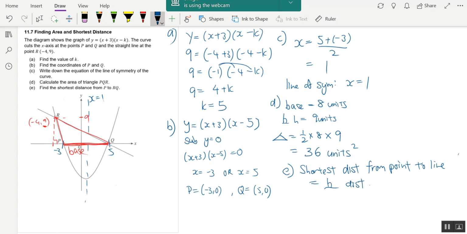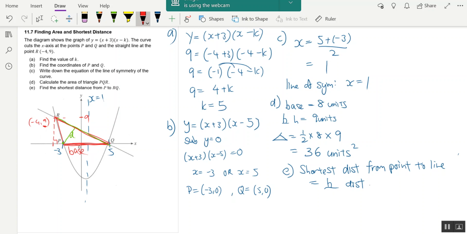Okay, you can have more practice of this in the trigonometry revision, especially where you have sine rule and cosine rule. Okay, so I look at this triangle, I already know that the area is 36 units. The perpendicular distance from P to RQ. So RQ is here. Let me put it in green. P is here. So the shortest distance is here. Okay? So this is D.